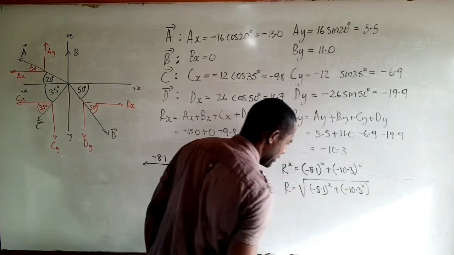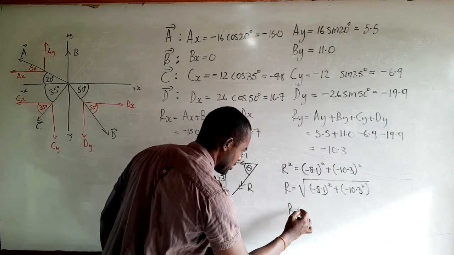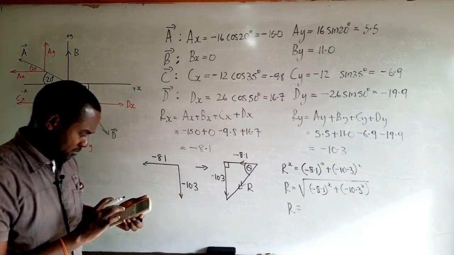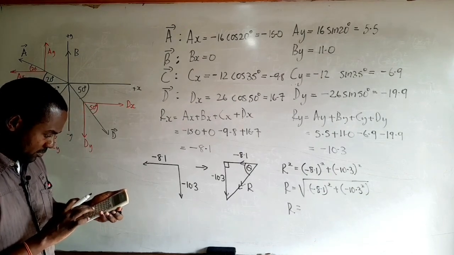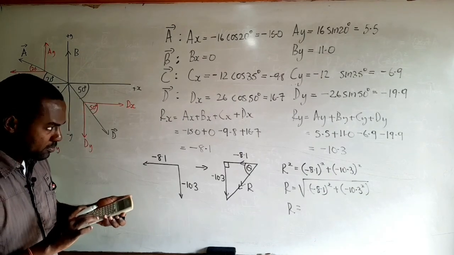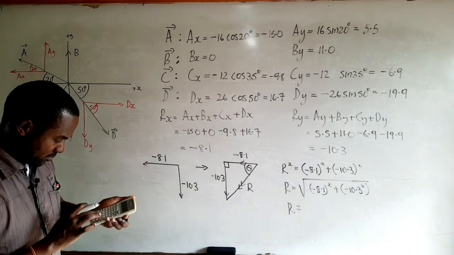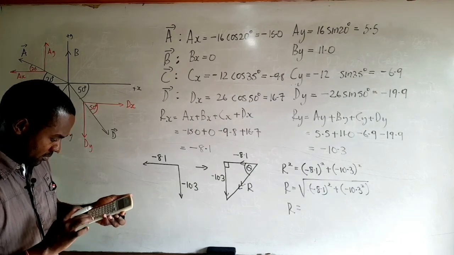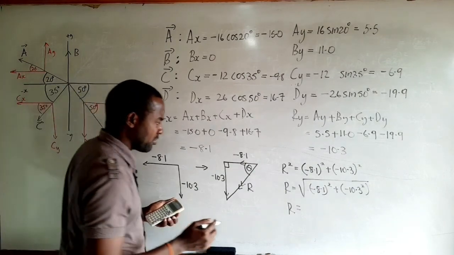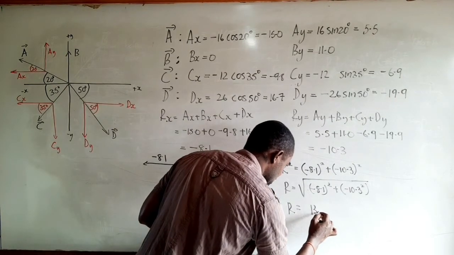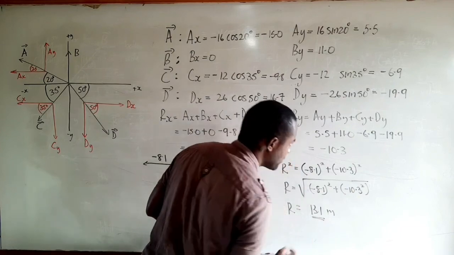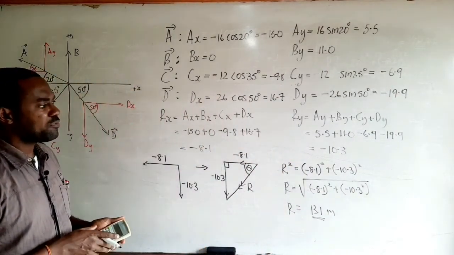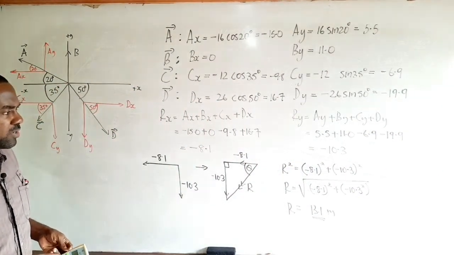Alright, so we work that out. R equals, this gives us 13.1, and because it's a displacement now, we put the unit, 13.1 meters. We're not finished though. Remember, we're dealing with vectors, and so we must also calculate the direction.